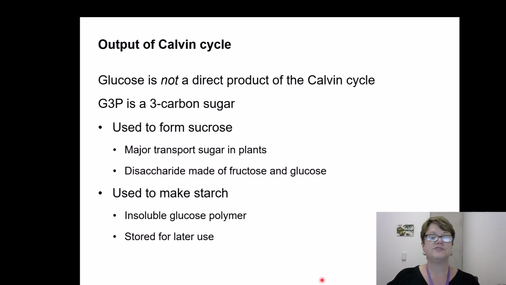And then once you have sugars, especially glucose, those can be joined together to make a polymer called starch, which you'll recall is the polysaccharide found in plants. And so the plant will make simple sugars, and the plants will then connect those together to make large polysaccharides for storage of energy.